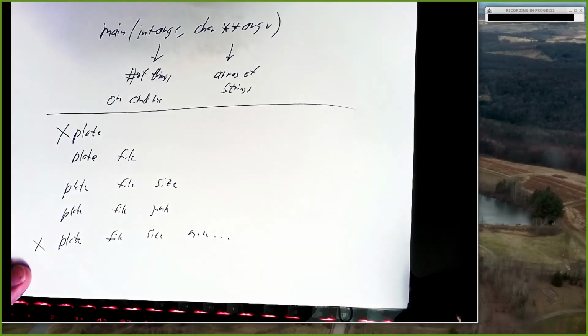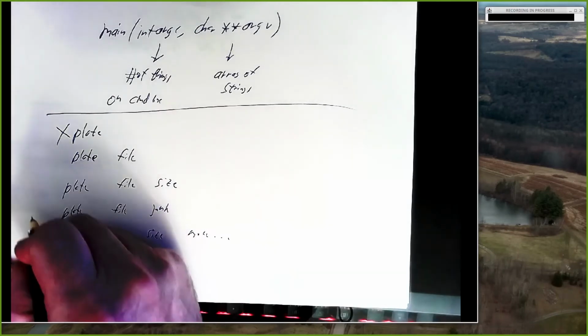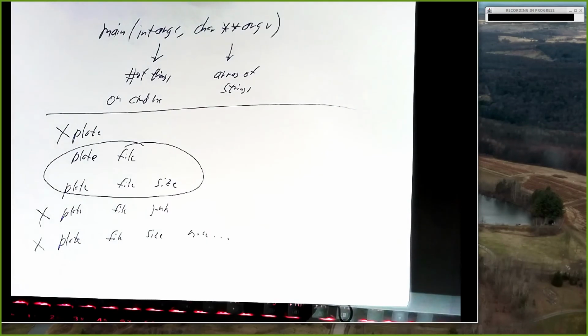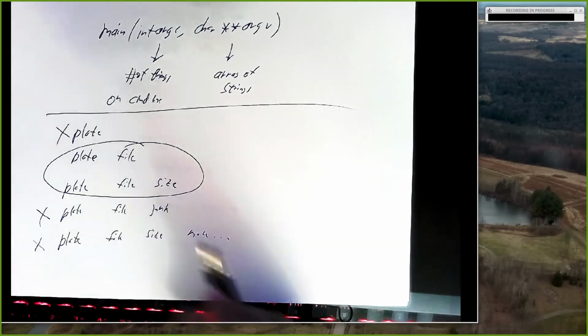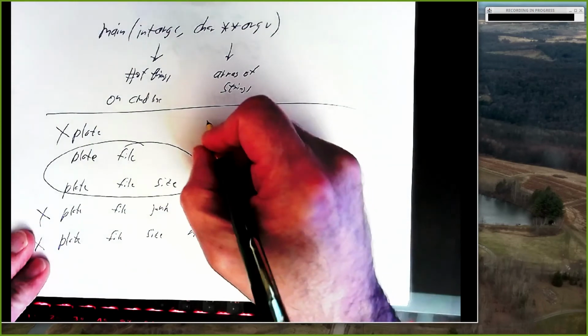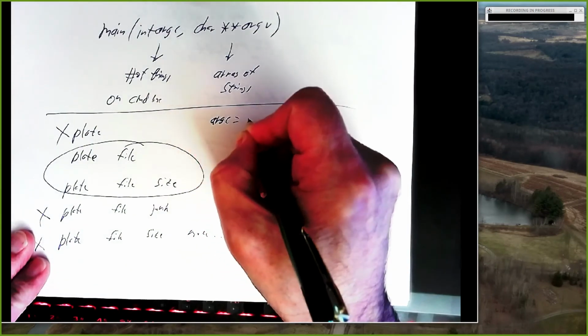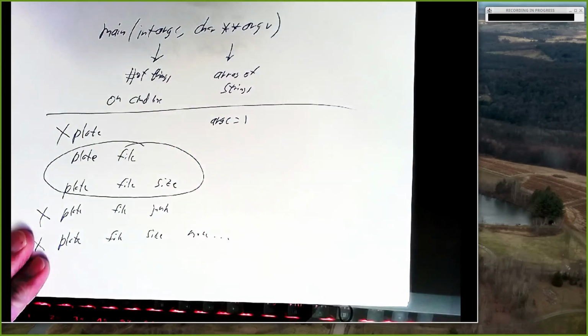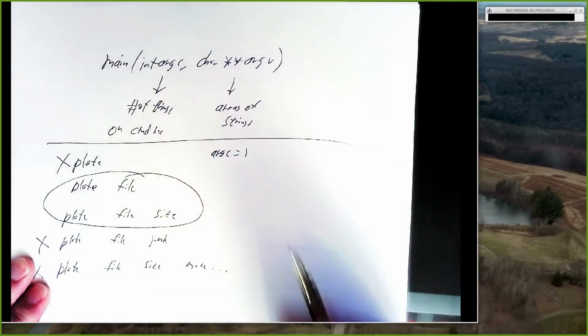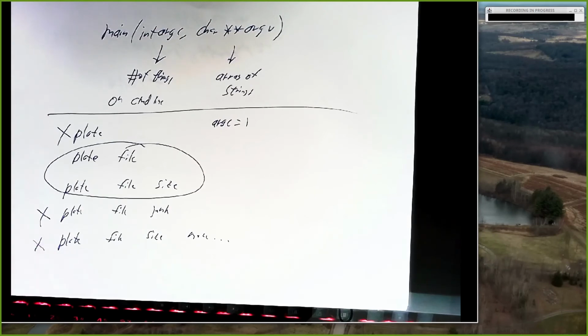If they say plate and a file and they put in another argument but it's not an integer, that's an error. So these are the only two legal cases: either plate with a database file or plate with a database file followed by a hash table size. Some of these are pretty easy to discriminate. If they just type plate, argc will be equal to 1. So right in the beginning of your program, one of the first things you can do, check argc. If it's 1, hey, where's my database file name, and exit.